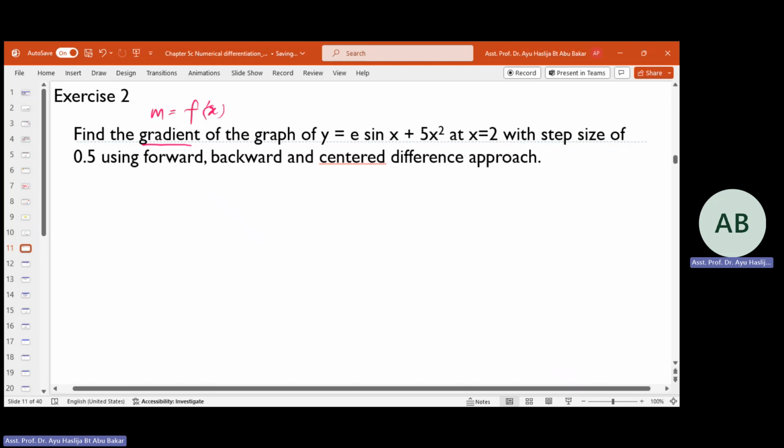Okay, so this is the fx. At x equals 2, step size of 0.5, using forward, backward, and centered.